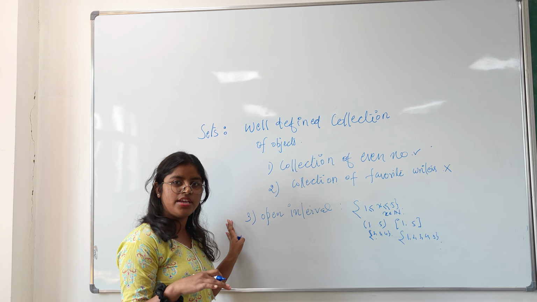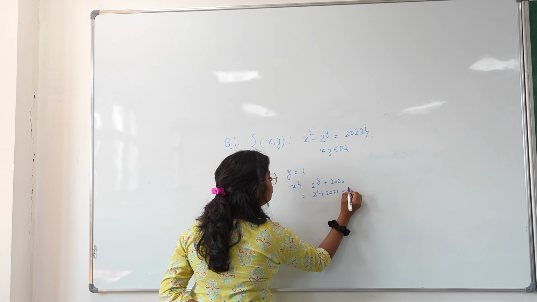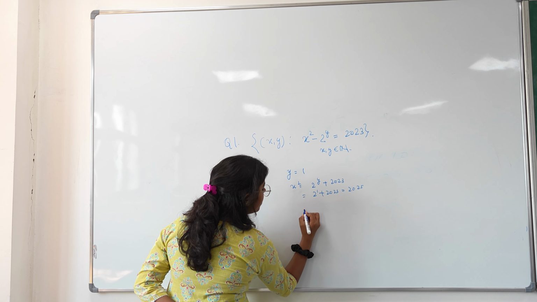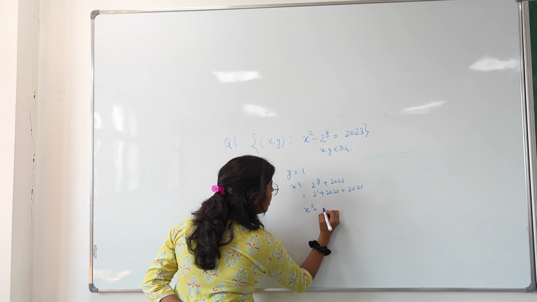So 2 power 1 plus 2023 is equal to 2025. We find two roots, plus 45 and minus 45. But we know that x belongs to the natural numbers, so we take only plus 45. So the solution is x equal to 45, and our first solution is (45, 1).